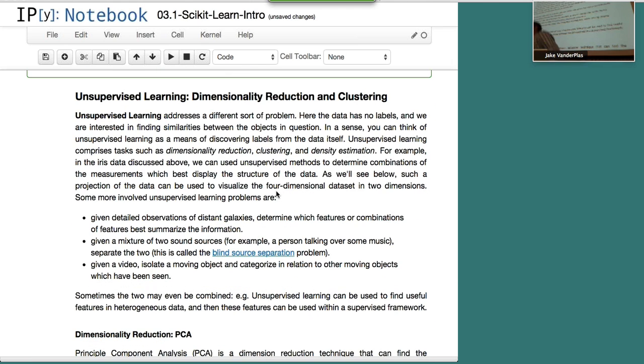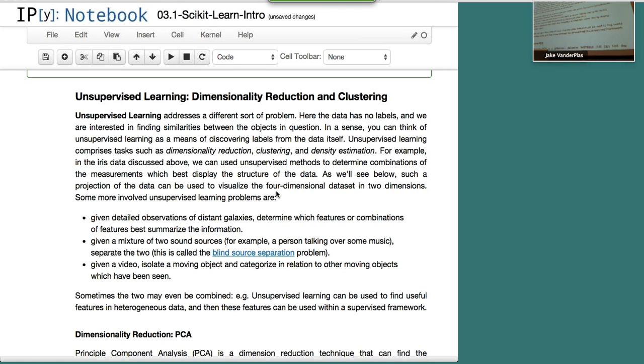So up till now, I've been talking almost entirely about supervised learning, which is where you have labels. You have things that you want to predict. Unsupervised learning is where you forget about this Y array, and you start asking, just given my data set itself, what can I tell about the data? So some examples of this are things like dimensionality reduction, I mentioned.